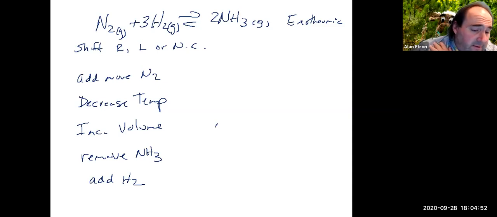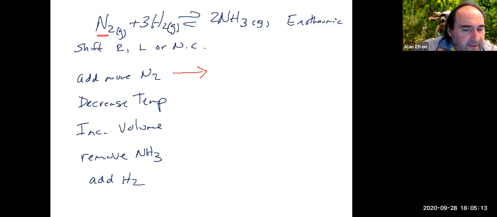Okay, so let's see how we're doing. So first one, we're going to add N2. So again, add away, so AA. So N2 is on the left-hand side, which means we then should see it shift away from the left-hand side, and it should shift to the right. So again, add away is the way you want to do that.